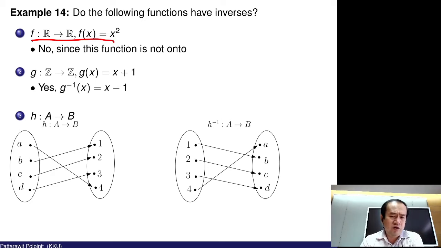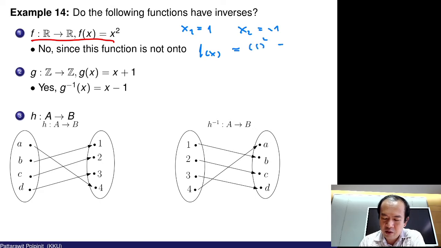First, you have to make sure it's one-to-one and onto. I can immediately tell that f of x equal to x squared is not one-to-one. Why? Because I can say x1 is equal to 1, x2 equal to minus 1, but then f of x is equal to 1 squared or minus 1 squared.